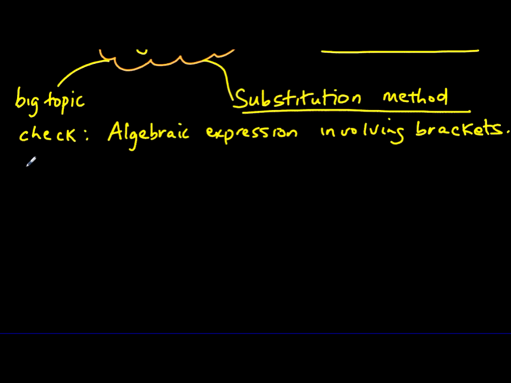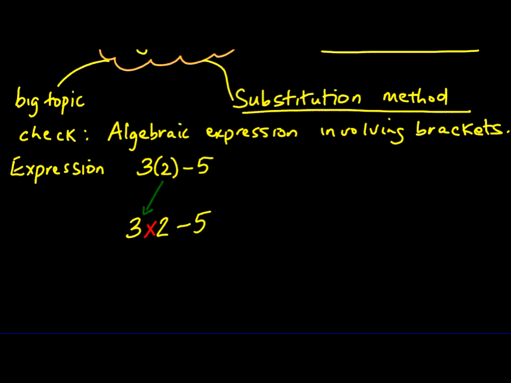So if I have the expression 3(2 - 5), then that is the same as saying 3 times 2 minus 5, because there is an invisible multiplication sign between the 3 and the bracket.